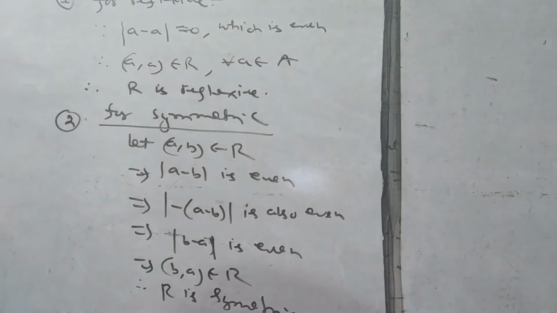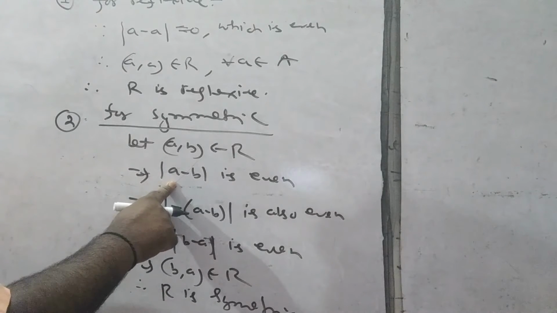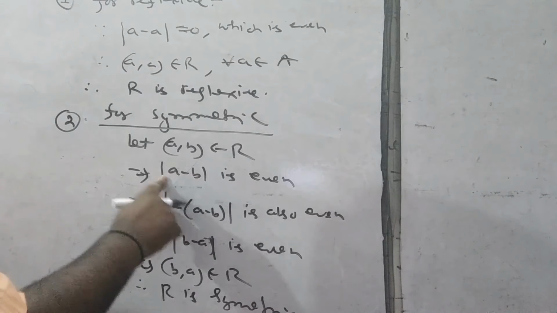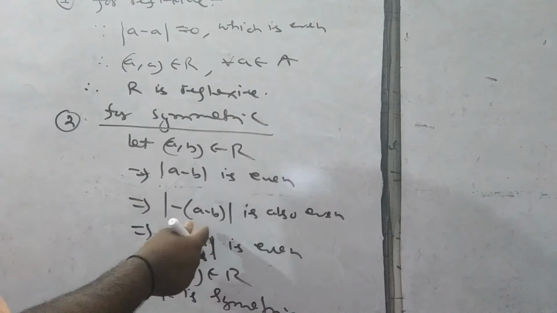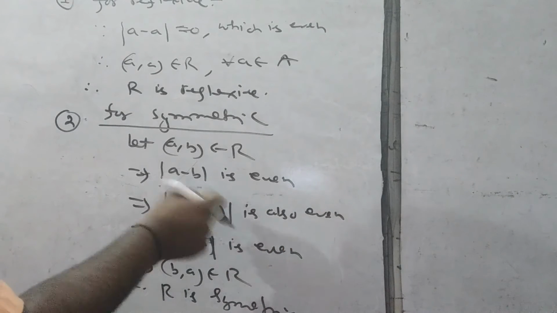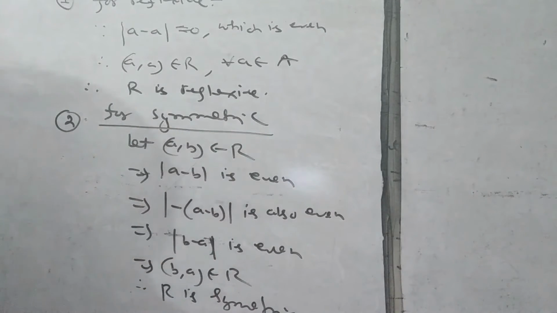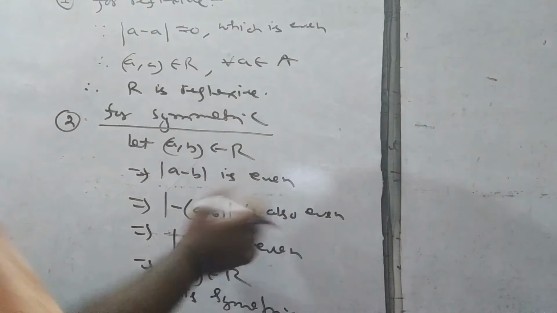If you say 1, 3, the mod of minus 2 is even also. If you say 3 minus 1, again 2 is even, so it is also true. So by introducing the minus sign, we change AB to BA, but the property is not going to change. So in this way you can think.